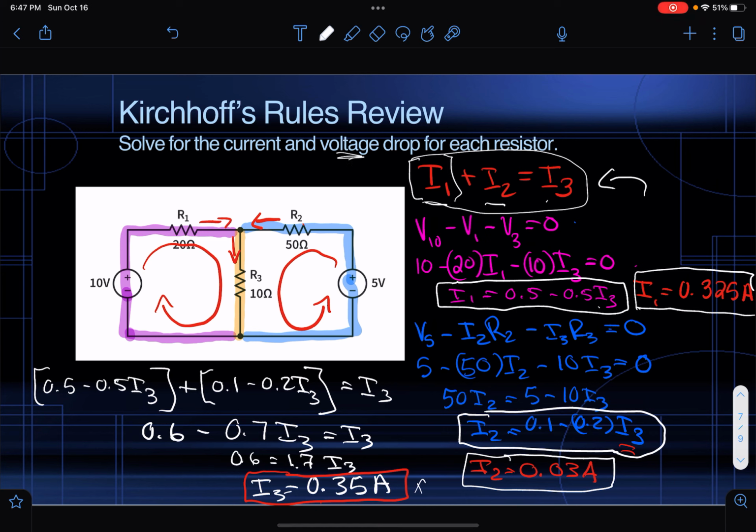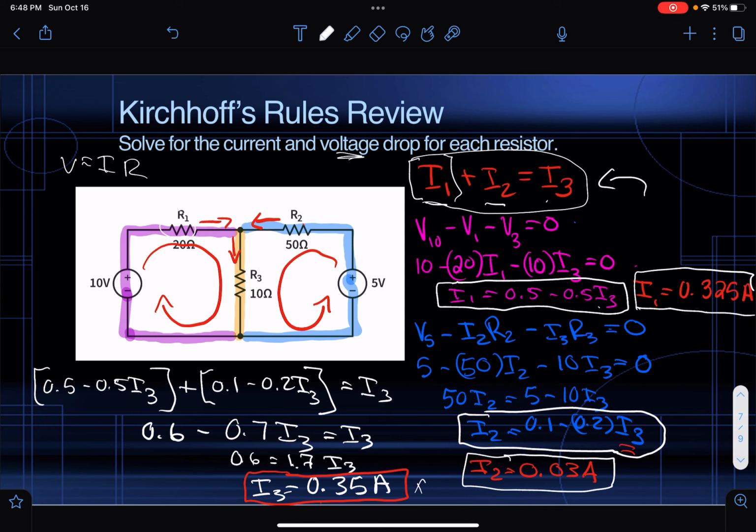Now it asks for you to solve for your voltage drops too. That is just going back to V equals IR, and so for my voltage drop across R1, I would do my 0.325 times my 20, and so on. I've kind of run out of space, and that one should be pretty obvious based on our previous work on circuits. You just use your Ohm's law for each individual circuit.